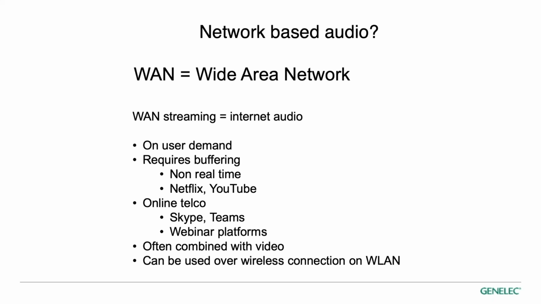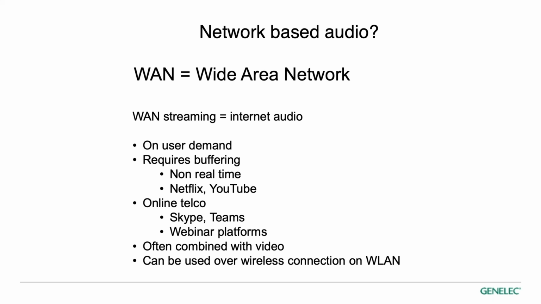Services like Netflix, YouTube, Spotify have this kind of online streaming service available, and a very similar application is the use for teleconferencing, like we are doing today. Skype, Teams, different webinar platforms are using the same kind of application to pass audio and video over a wide area network across the globe.